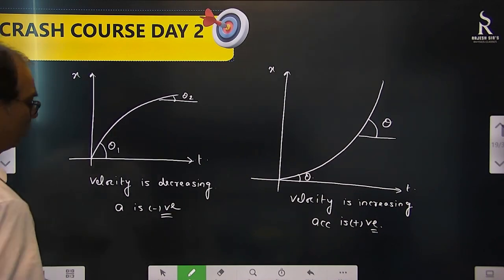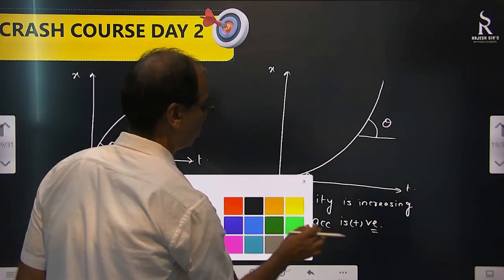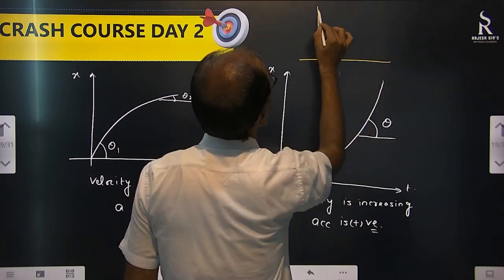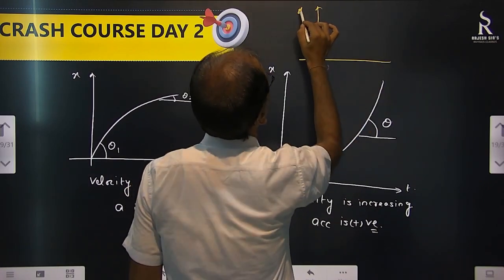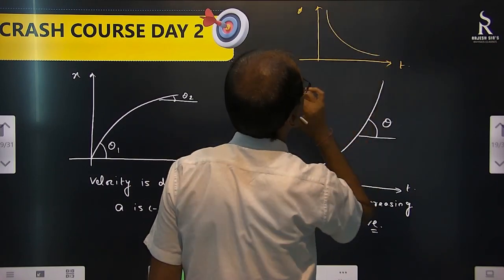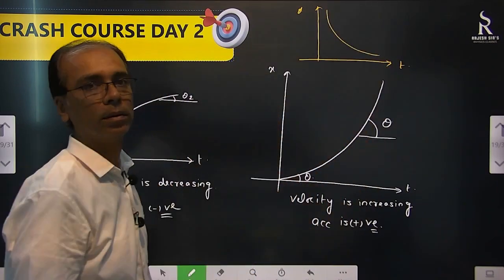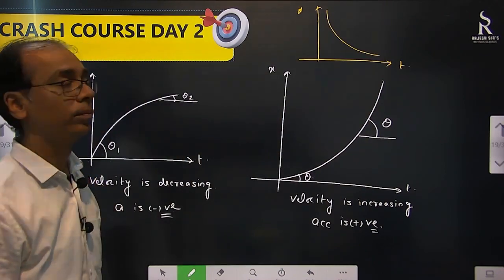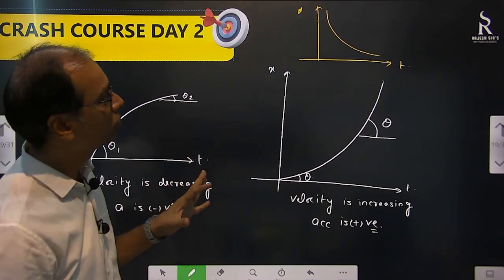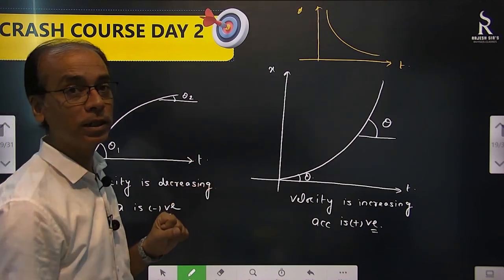One more we can make. Similar I am making it here. x and t. Graph is like this this time. Okay, now what's happening here? In this case also, if you see, slope is basically decreasing.